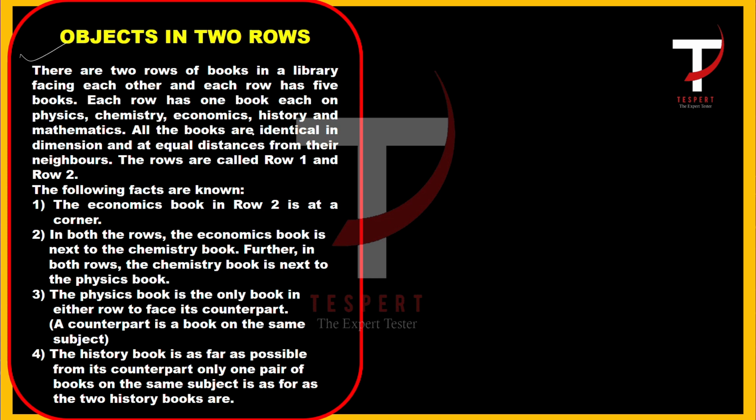So there are two rows of books in a library facing each other, and each row has 5 books. Each row has one book each on physics, chemistry, economics, history and mathematics. So there are 1 2 3 4, 5 books in each row, and all the books are identical in dimension and at equal distances from their neighbors.